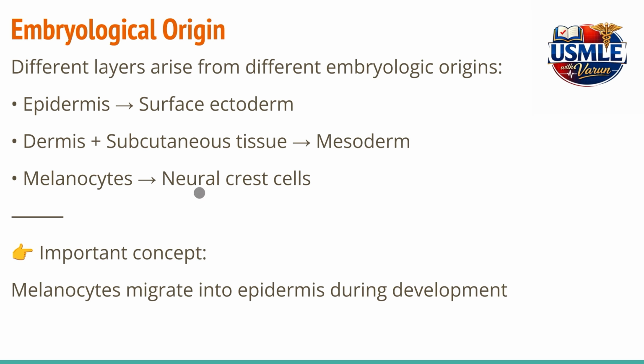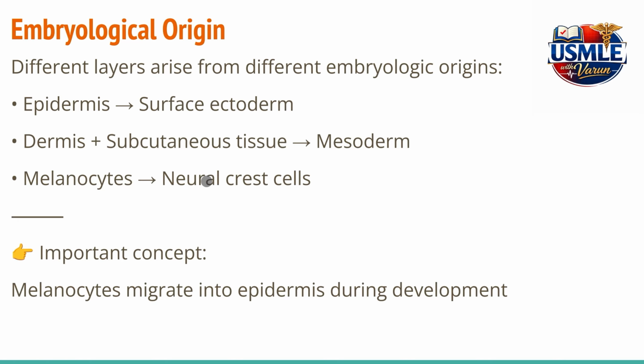They arise from the neural crest cells, which migrate, and these melanocytes migrate into the epidermis during development. So, whenever we see pigmentation disorders that are associated with neurological findings, we need to think about possibly a defect with the melanocytes because they can help us in identifying this shared origin.